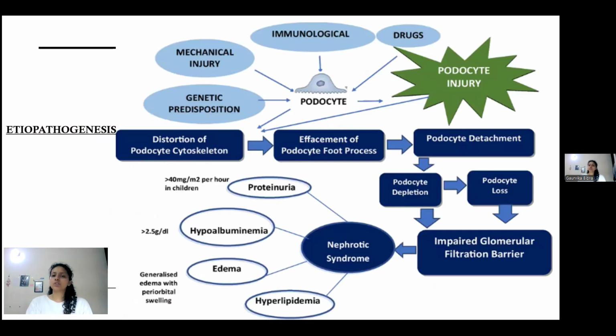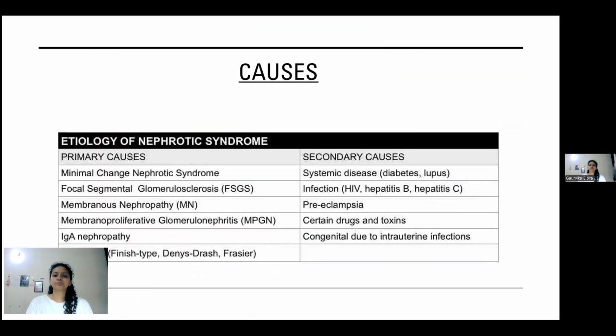Pathogenesis: any podocyte injury due to drugs, immunological or mechanical injury, or genetic predisposition leads to distortion of the podocyte skeleton and effacement of podocyte foot processes, leading to podocyte detachment, causing podocyte depletion or loss, leading to impaired glomerular filtration, which can cause nephrotic syndrome.